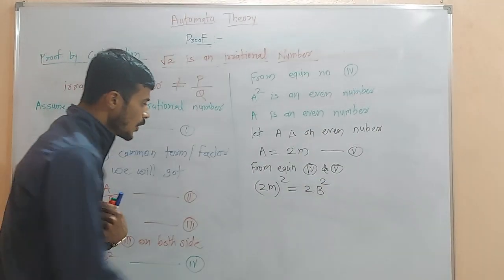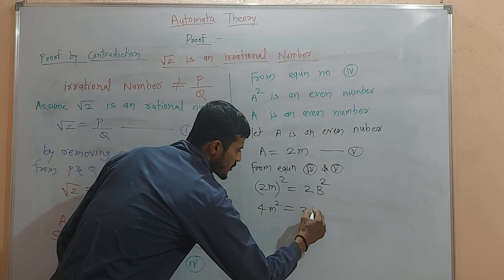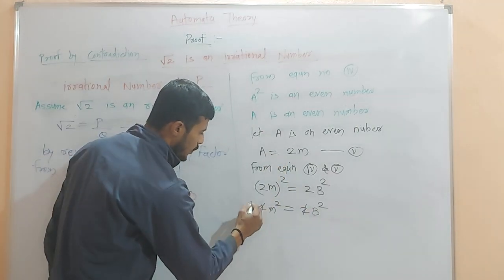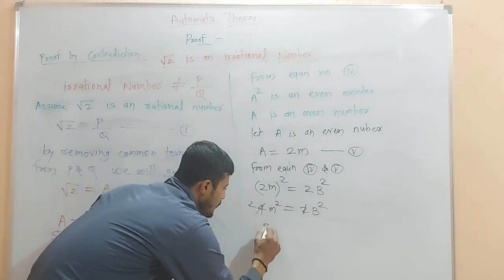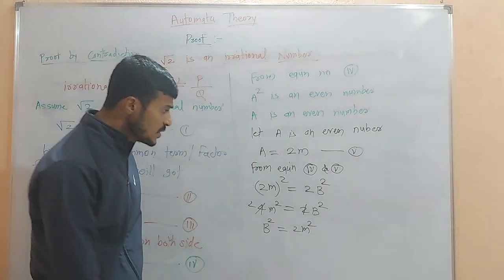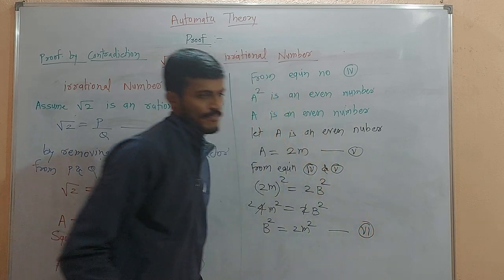Fine. So it will be 4m square, which is equal to twice of b square. These 2 will be cancelled. Here will be 2. So you can write b square is equal to twice of m square. Let us say this is equation number 6.